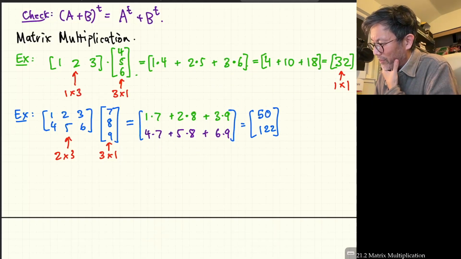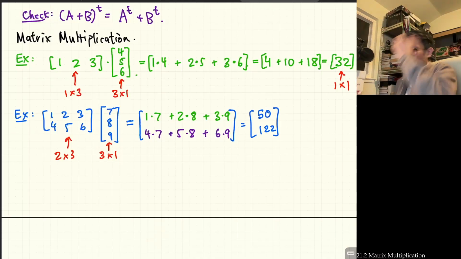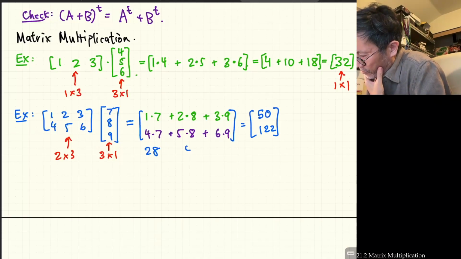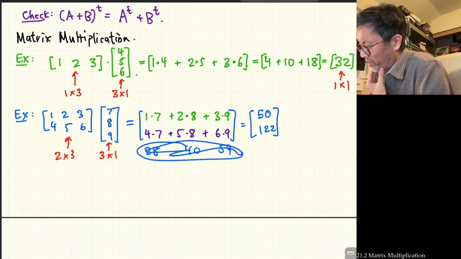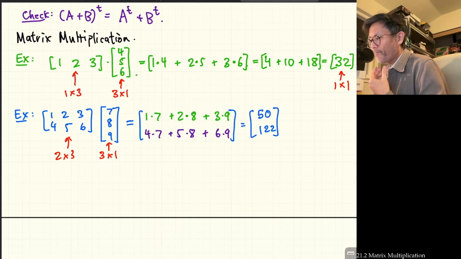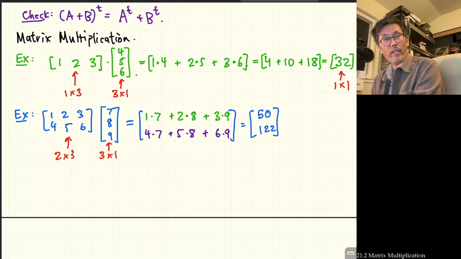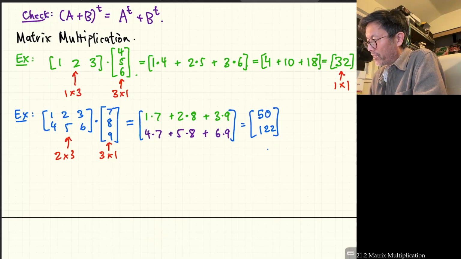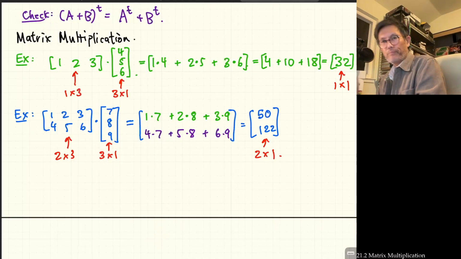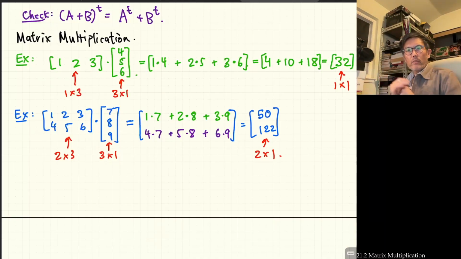I guess it matters if I get it right. Should I just do it again? 28, 40, 54. So that's 94, 102, 122. Okay, it feels right. Yeah, 122 feels right. Anyway, that's the product. The product of this 2x3 with this 3x1 ends up being this 2x1 matrix here. Okay?